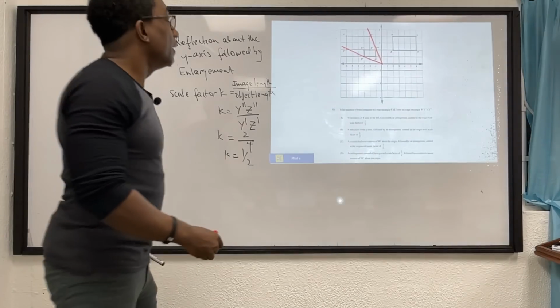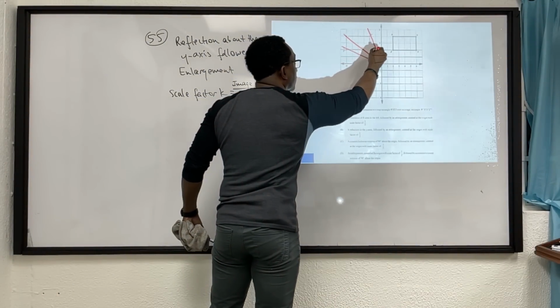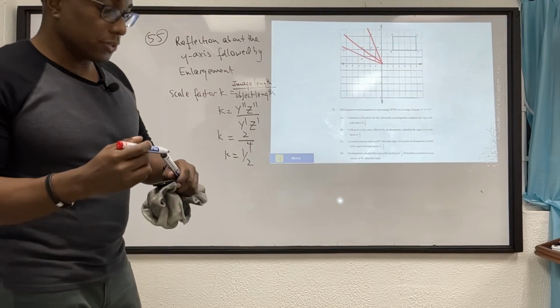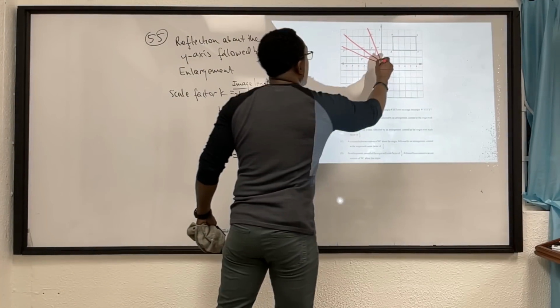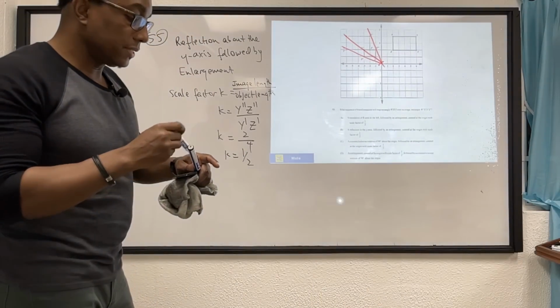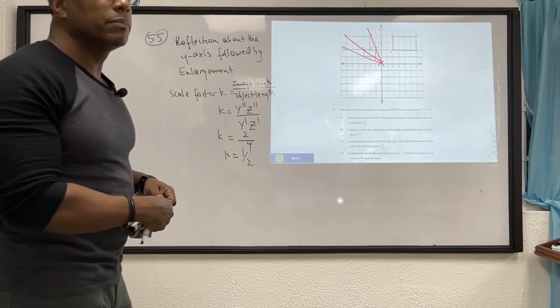X prime, X double prime also meet at the center. So we know that our center of enlargement is the origin. That's how we find it: just extend the corresponding points for object and image.